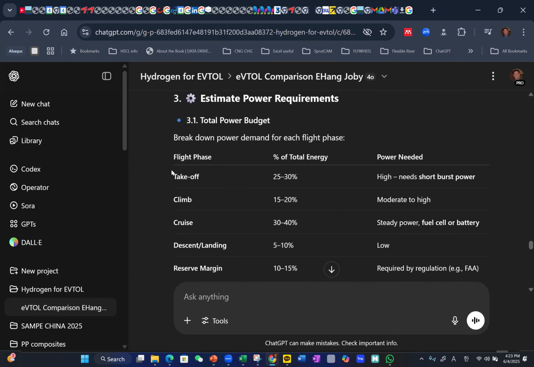Okay, this is important. Several weeks ago we defined this table for the energy capacity and power capacity.